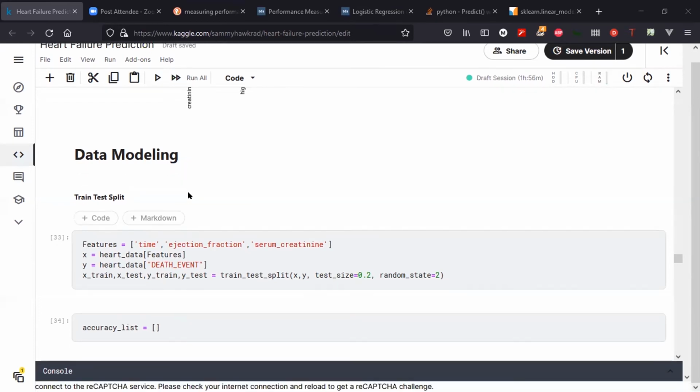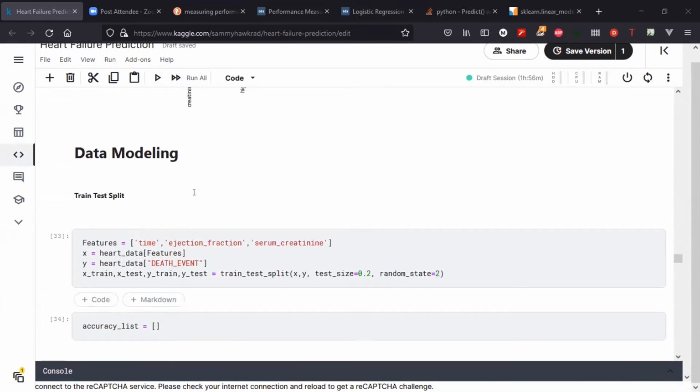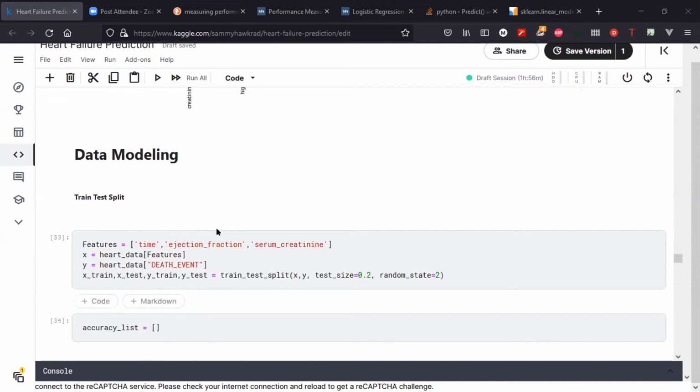So for a start, one thing that you should notice is that machine learning is not quite straightforward. It's an iterative process. You have to do a lot of trial and error. Maybe after you run your model, the results that you got are not good enough.